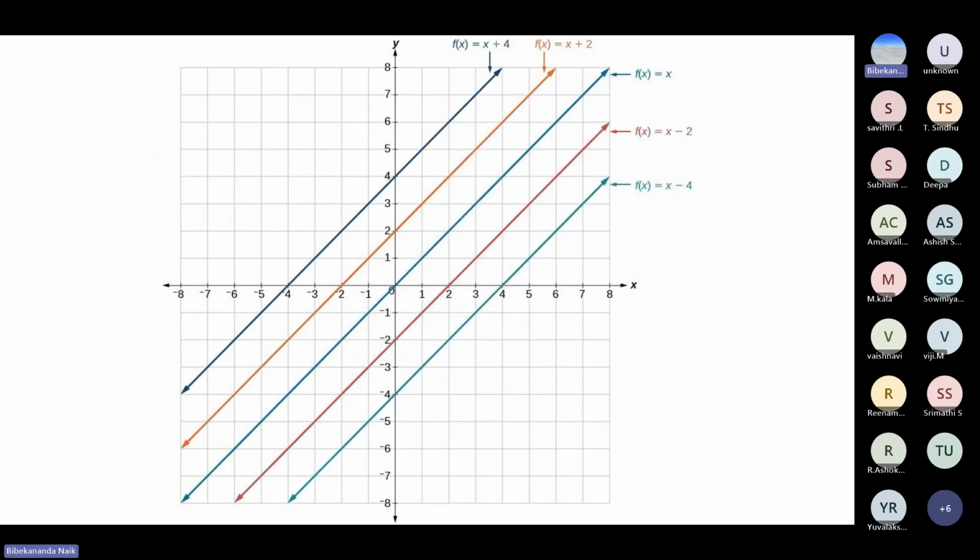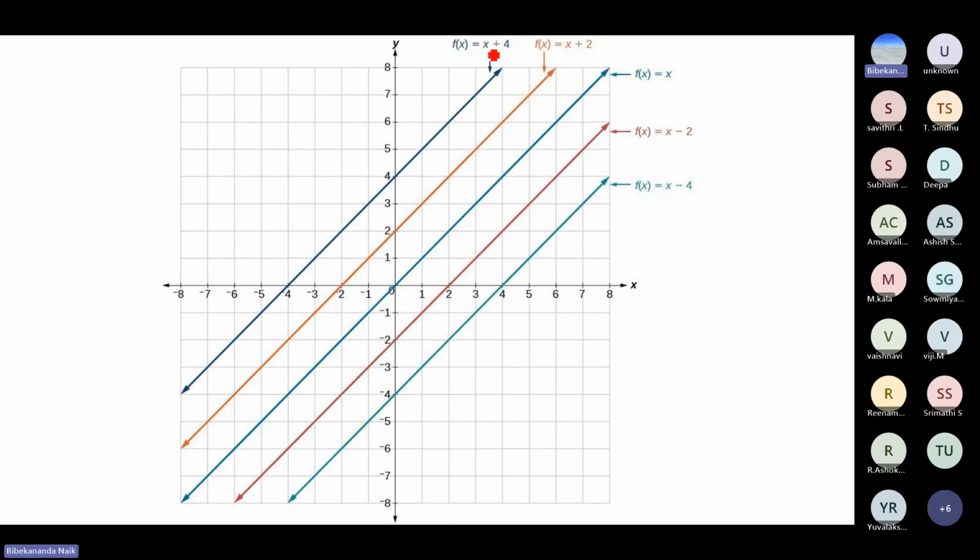Similarly, this is varying the slope, and this is varying the intercepts. So we have varied here the x intercept. As you can see, these are 5 straight lines and all the straight lines are parallel. Since they are parallel, they have equal slope.